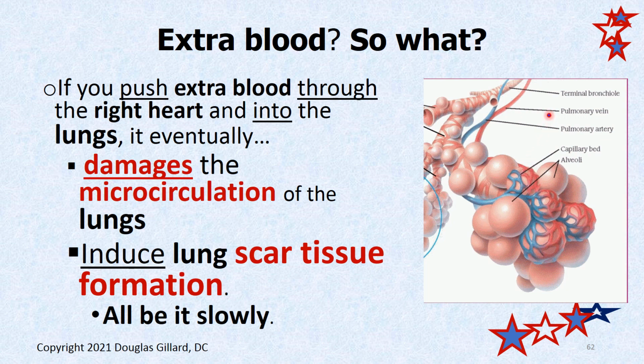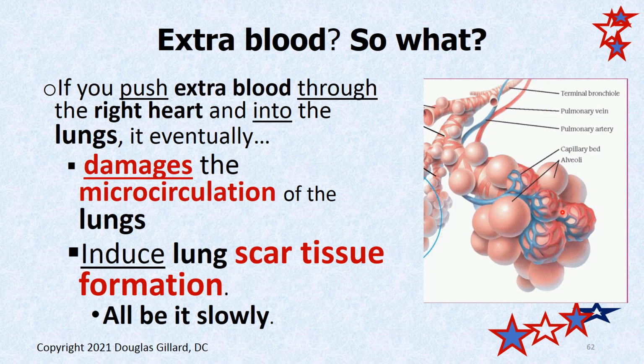If you have a ton of blood going through here, it causes increased interstitial swelling, and you can get growth factors, which cause inflammation, and it starts scarring this all up, and it gets hard to push blood through because of that, and that causes pulmonary hypertension.